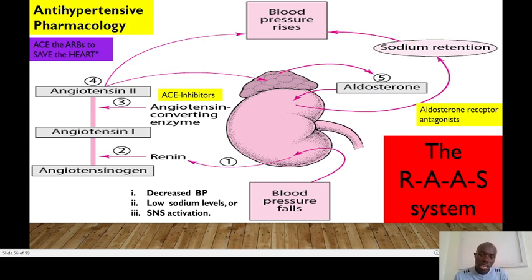Generally, we know whenever the blood pressure in our bodies falls, or when we have low sodium levels, sympathetic nervous stimulation will normally lead to a response in the kidneys. The kidneys, precisely the juxtaglomerular apparatus, are going to secrete a hormone by the name renin.